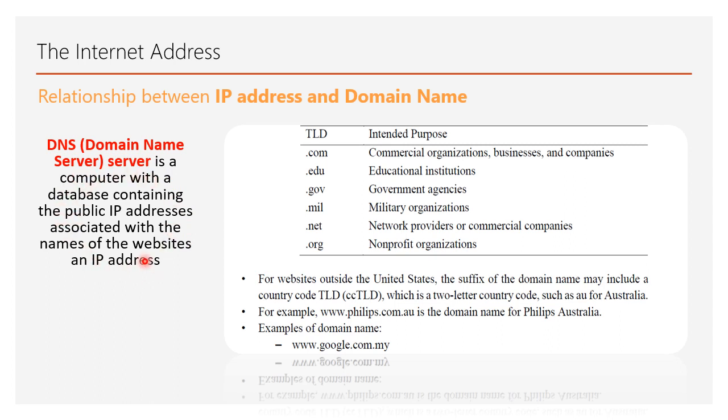For example, when you type in a domain name such as www.kml.com, the DNS server will look at the database to find the corresponding IP address for www.kml.com.